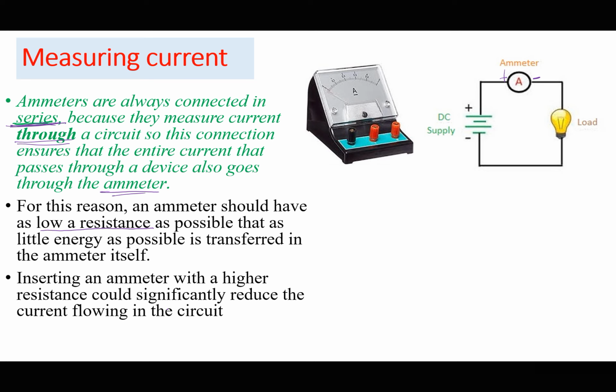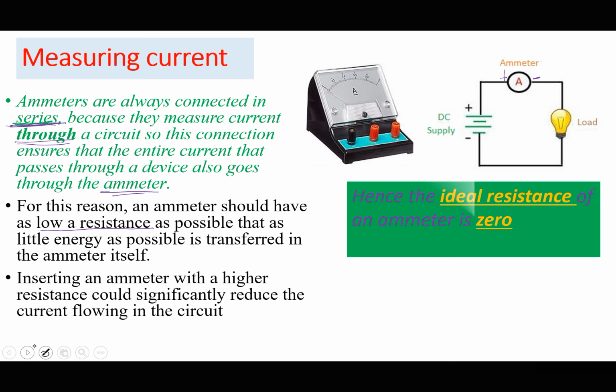What does this imply? To ensure that the ammeter is as effective as possible, and its resistance is as low as possible, we would simply say that the ideal resistance of an ammeter should be zero. I'm using the word ideal, which means it is practically not possible to have an ammeter whose resistance is zero.